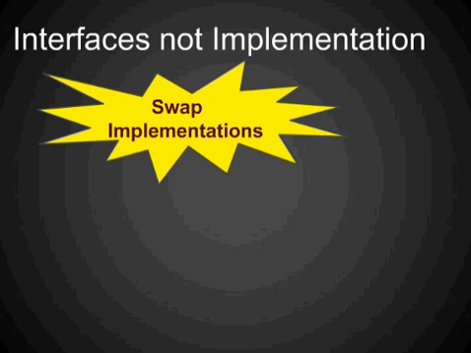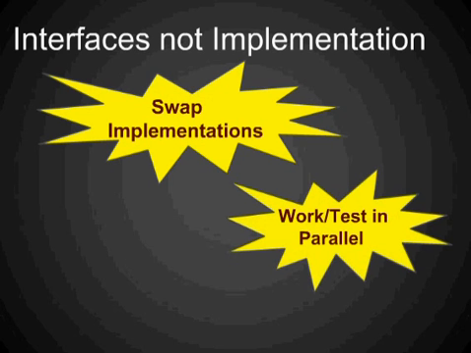Specifically, when we program and think in interfaces, it makes our objects a lot easier to switch out. And I'm going to show very concrete examples of what exactly I'm talking about here. It's going to let us swap implementations very easily, and this is what gets you loosely coupled code.